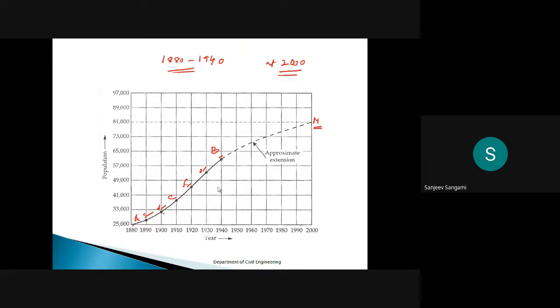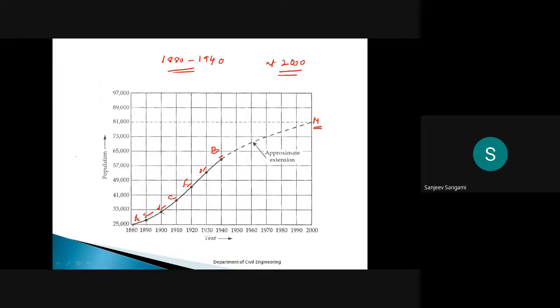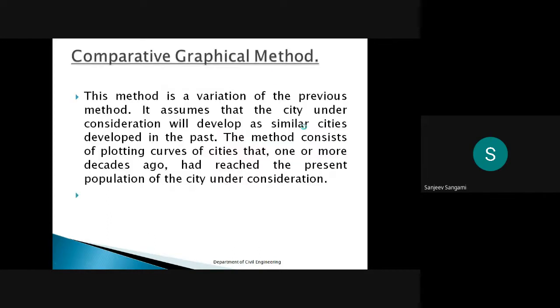Assume that you have this graph from A to B point, where the data is available. Then we have extended this graph till N. So this is the simple graphical method.